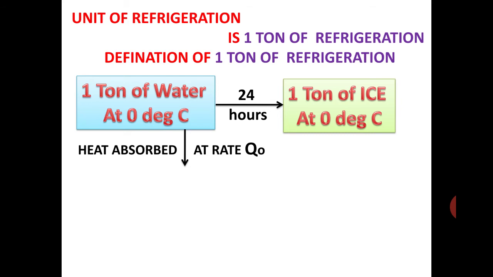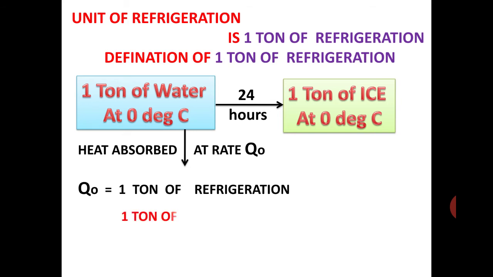Then only it is possible to convert 1 ton of water at 0 degree centigrade into 1 ton of ice at 0 degree centigrade. So this rate at which heat should be absorbed from 1 ton of water so as to convert it into 1 ton of ice at 0 degree centigrade within 24 hours, that rate of heat absorption, that rate of heat removal, is defined as 1 ton of refrigeration.